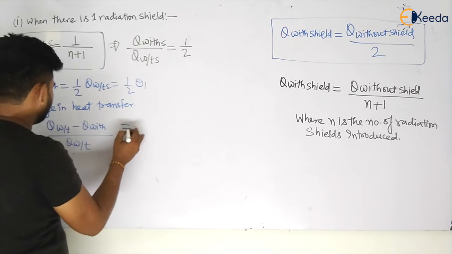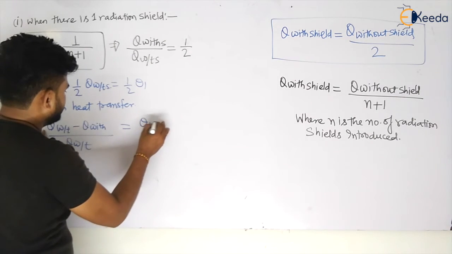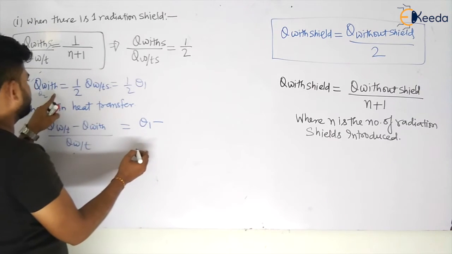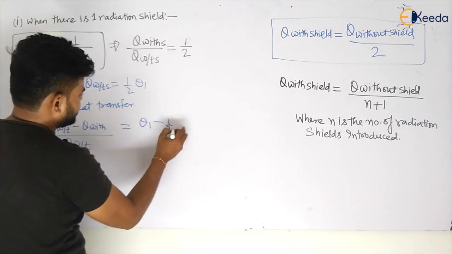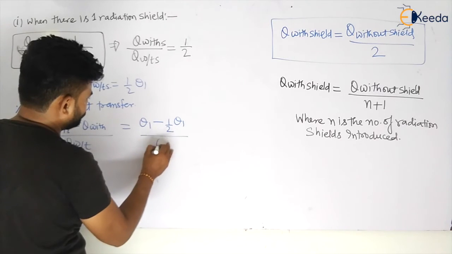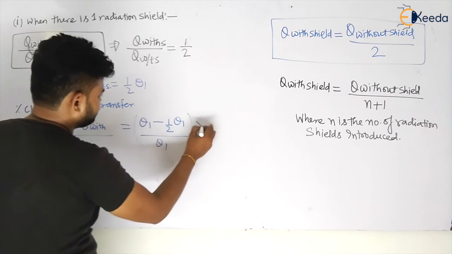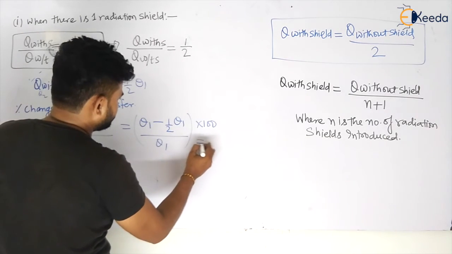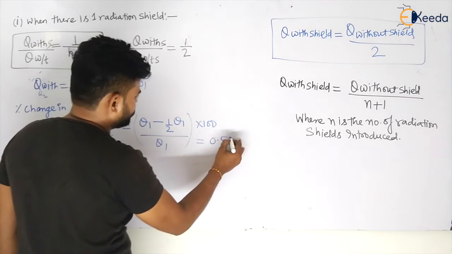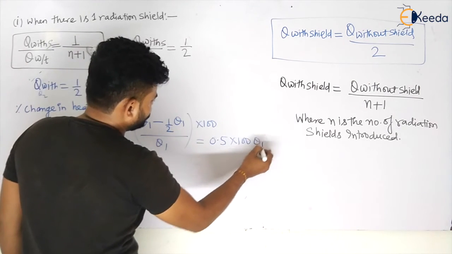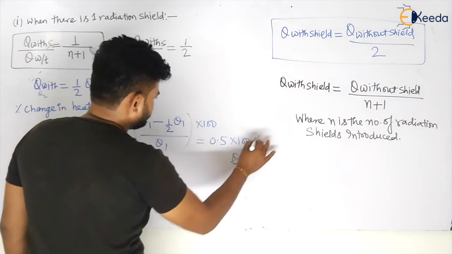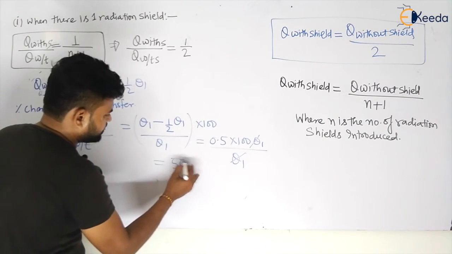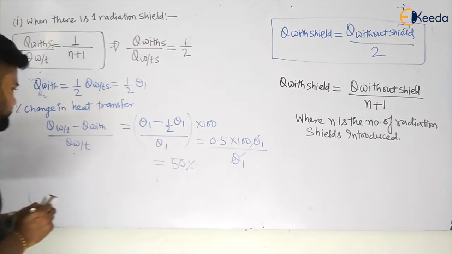So this will become Q without, which is Q1, minus Q with radiation shield, which is half Q1, divided by Q1 into 100. So this will become nothing but 0.5 into 100. Q1 by Q1 will go. So we can see that there is 50% reduction in heat.